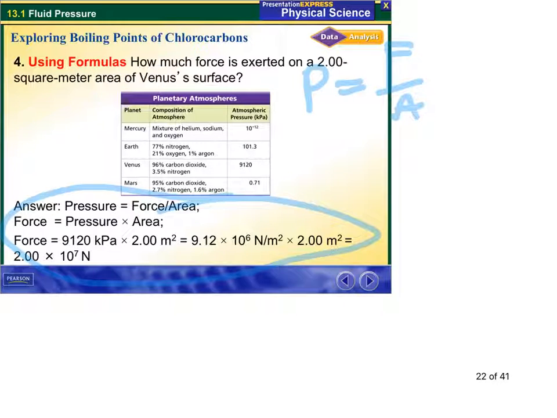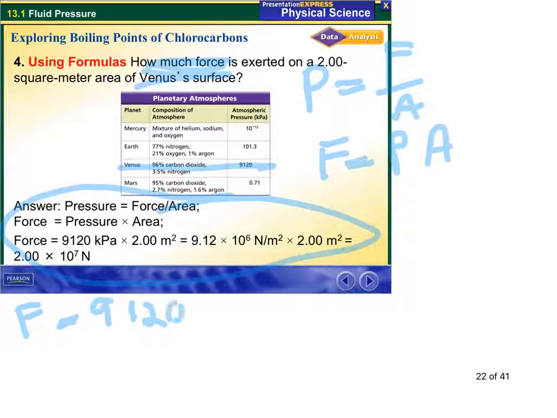So we want to know how much force. So force equals pressure times area. Force equals our pressure on Venus, which is 9,120 kilopascals.